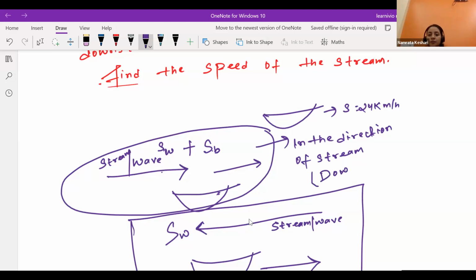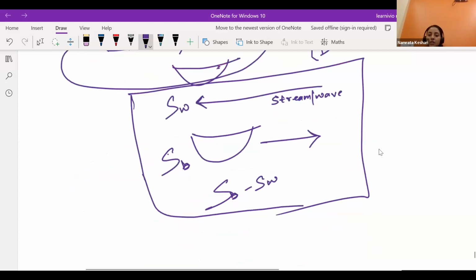When it is going against the direction of the stream, that's called upstream. From now onward, keep in mind that downstream means in the direction of the stream and speed will be added up, and upstream means against the direction of the stream and speed will get subtracted.